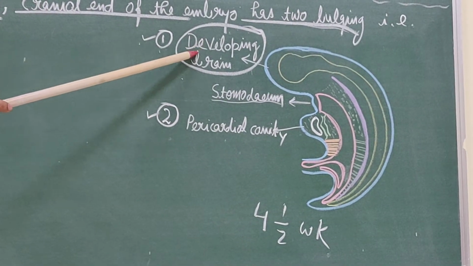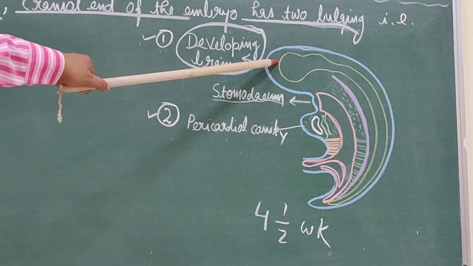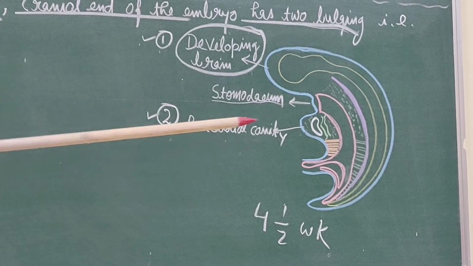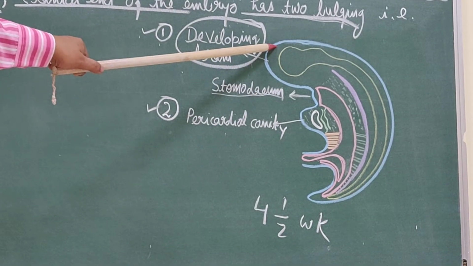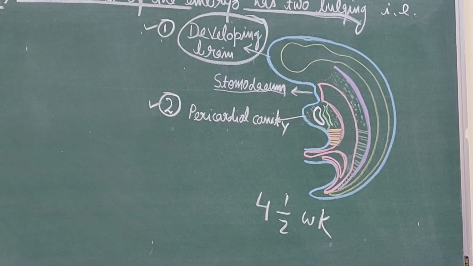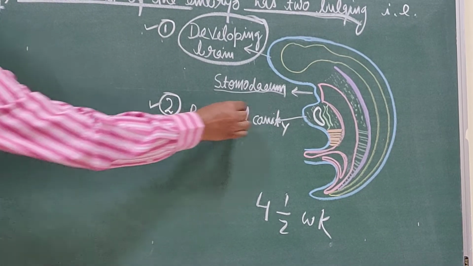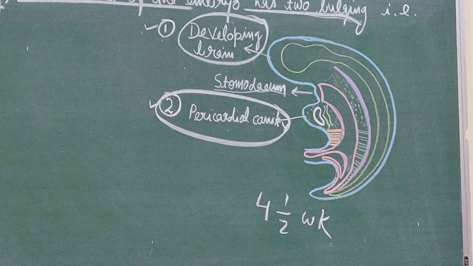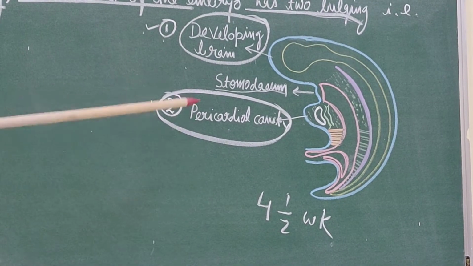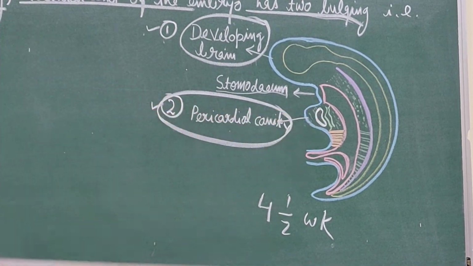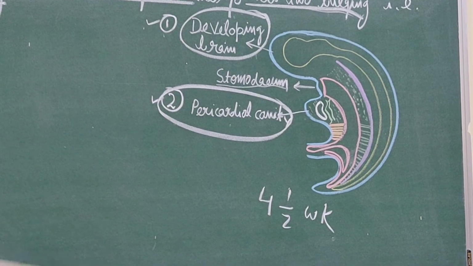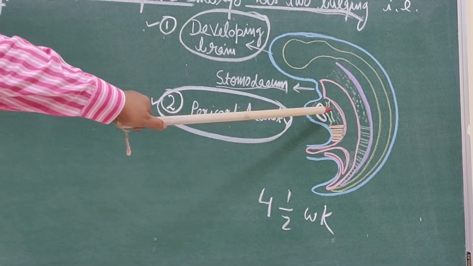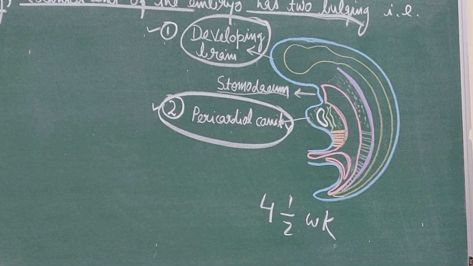This developing brain is most cranially situated, or we can say it is dorsally situated. And the second bulging is the pericardial cavity. The pericardial cavity, in the future, is the thoracic region. This is the pericardial cavity and this is the heart tube.